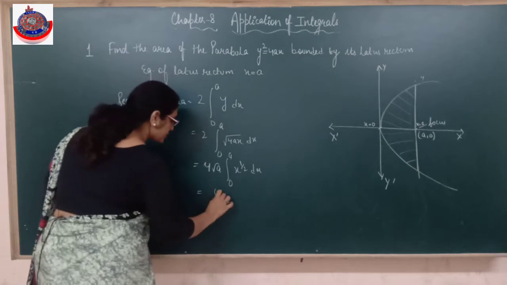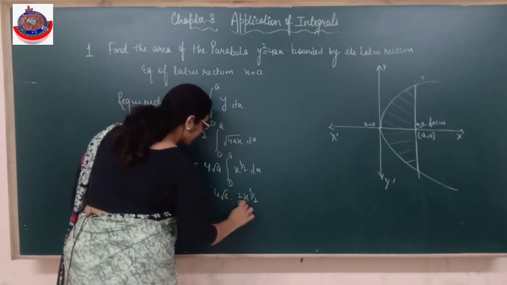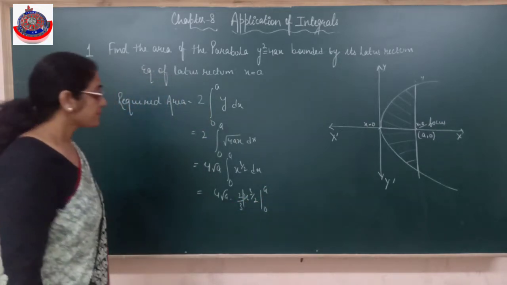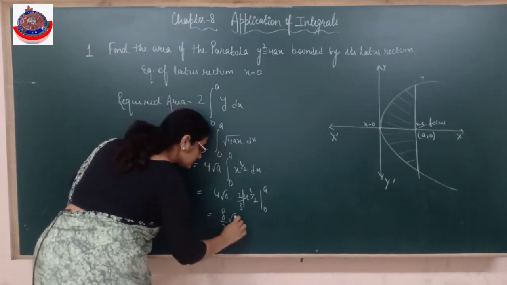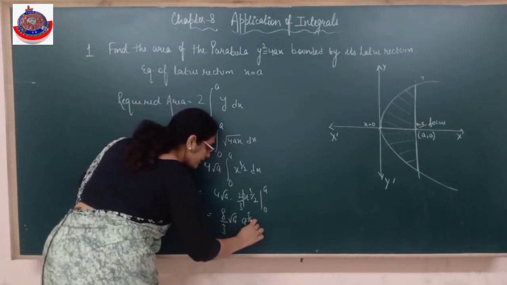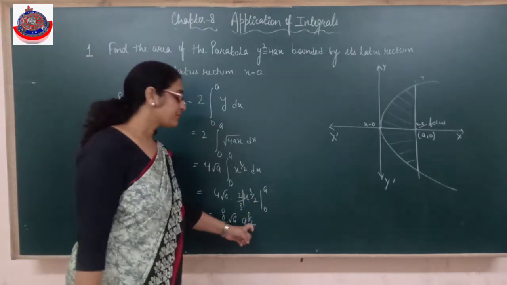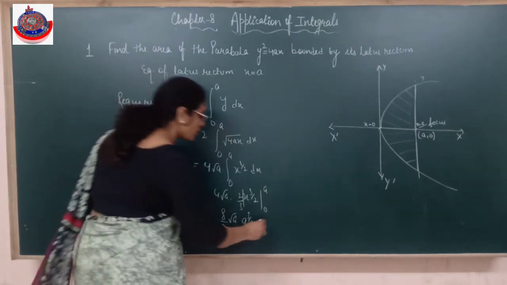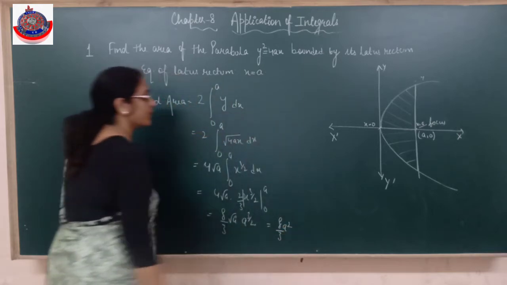We know the integration: increase the power by 1 divided by the increased power. Alright, so put the value. a raised to power 3 by 2, because when I put 0, minus the lower limit, that will become 0. a raised to power 1 by 2, a raised to power 3 by 2. 1 by 2 plus 3 by 2, 4 by 2. 4 by 2 is 2. So it will be 8 by 3 a square.